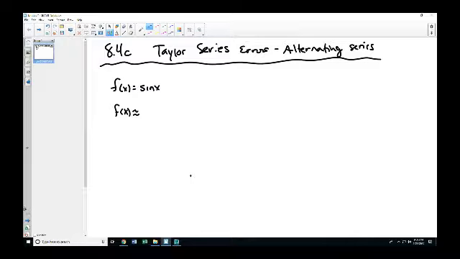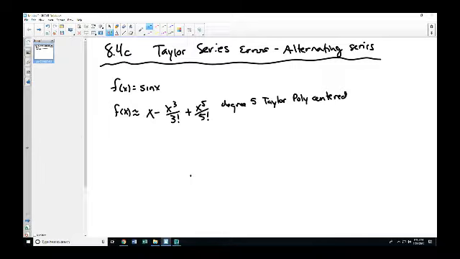And then times x to the power of 2n minus 1 over 2n minus 1 factorial. Right? So this would be a degree 5 Taylor polynomial centered at zero.